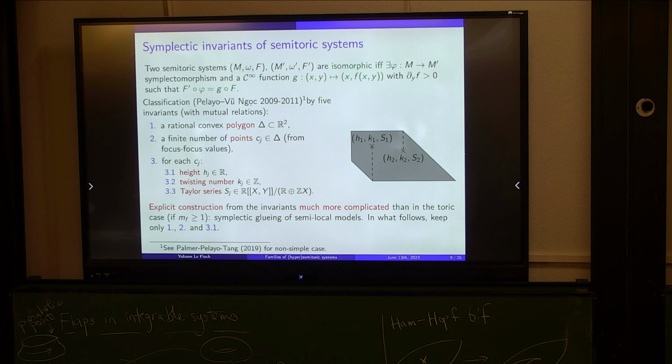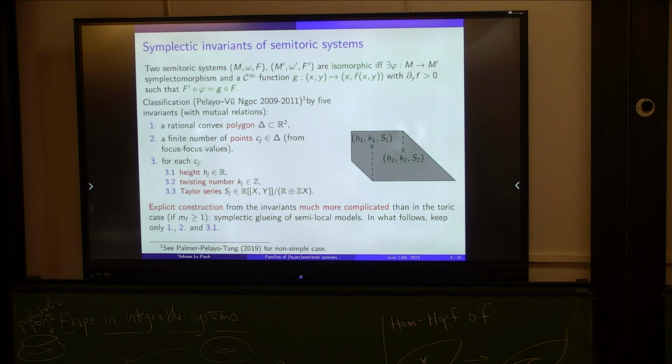Using the invariants, you have a recipe on how to glue these semi-local models symplectically. But the outcome, since you're doing symplectic gluing of several different normal forms, will not be completely explicit. By contrast, in Delzant's algorithm, you have explicitly the manifold in terms of the symplectic reduction by some explicit T2 action, and you have explicitly the Hamiltonians.